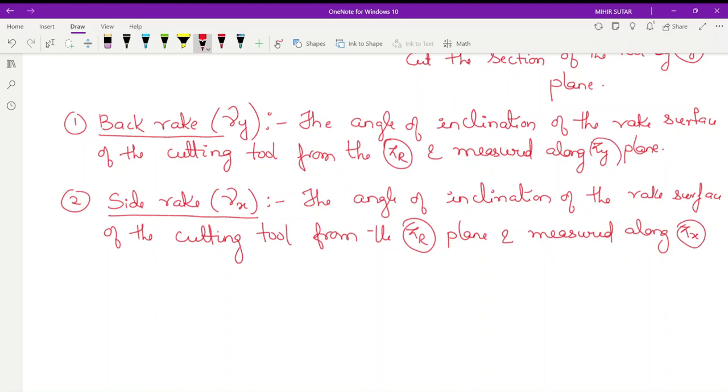Here it was only pi y plane. That is your side rake. Third one is the back clearance or end clearance angle.